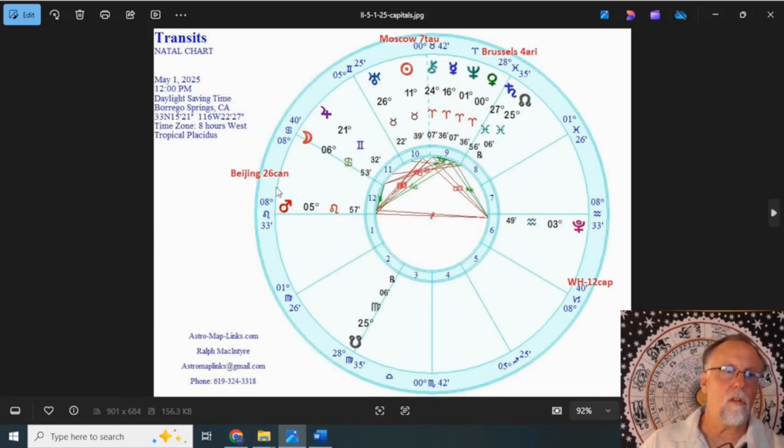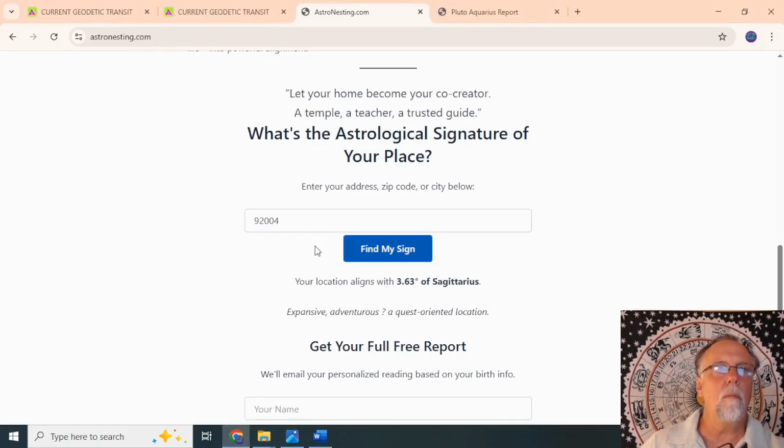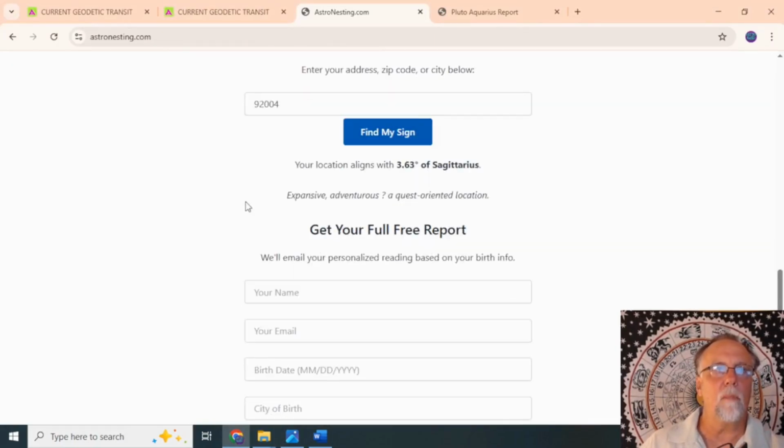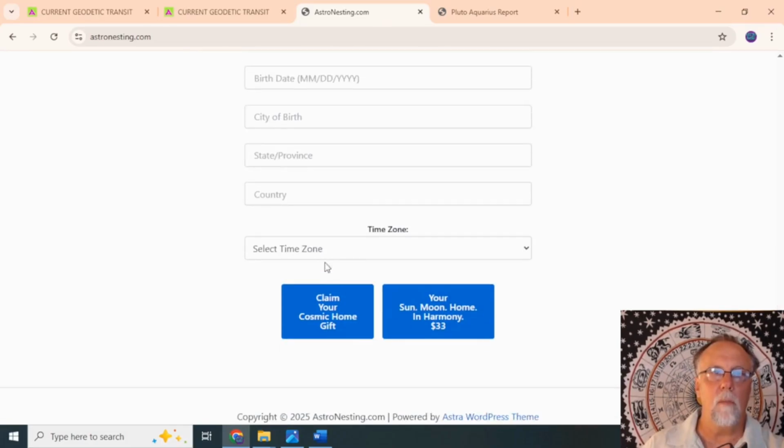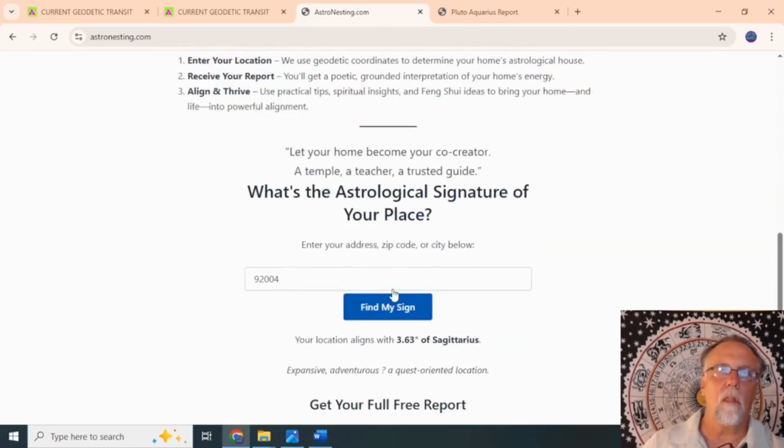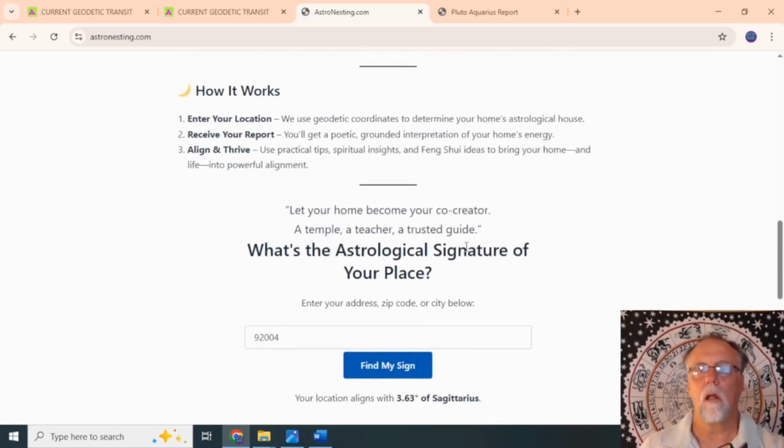This is a free service on astronesting.com. You can actually get a report on your house and your location. There's a free report if you put the email in, or if you want one that talks about how it affects your Moon and your Sun, you can get one of those too.